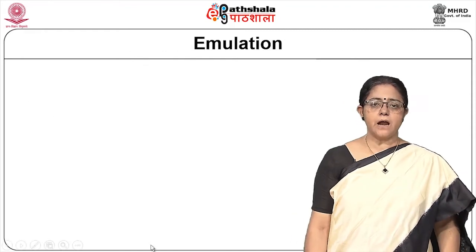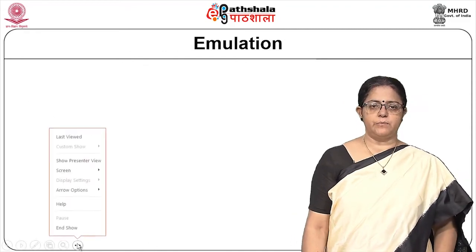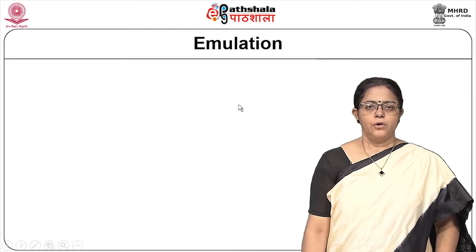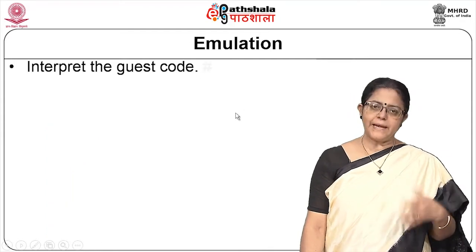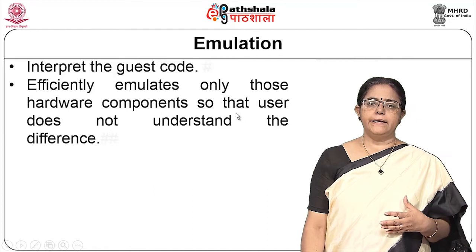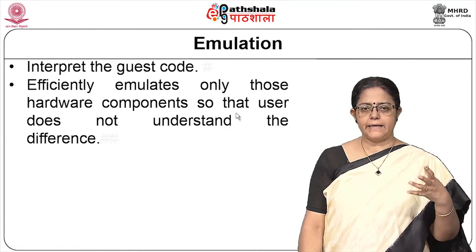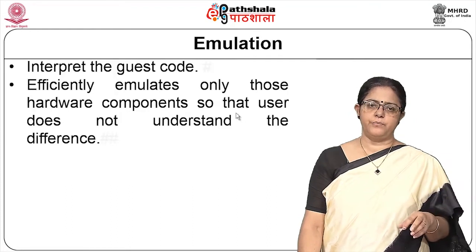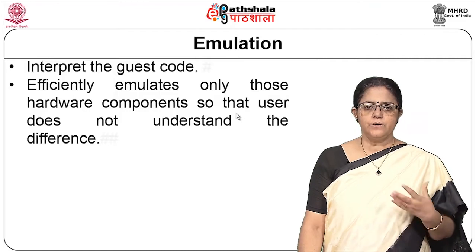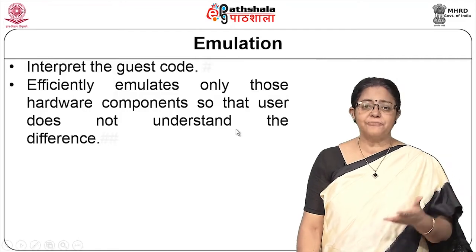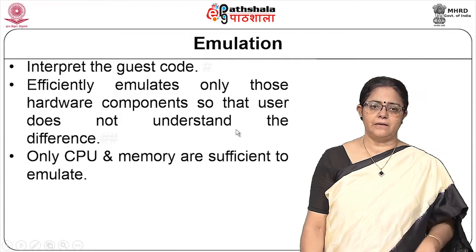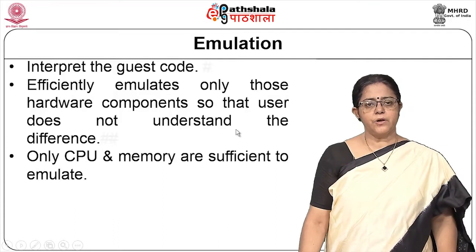So, we start with the first technique, which is emulation. We interpret the guest code, and only those hardware components are emulated, though that is different from what is expected by the incoming process.